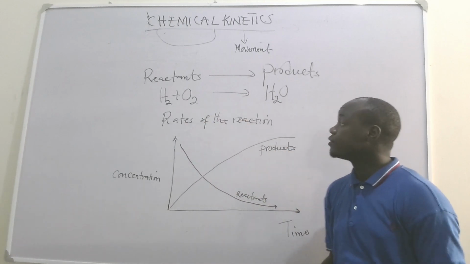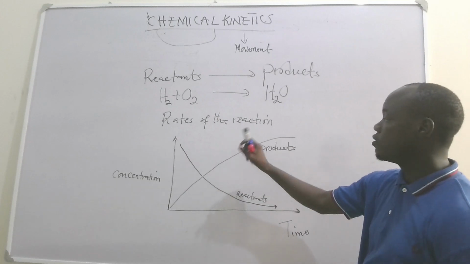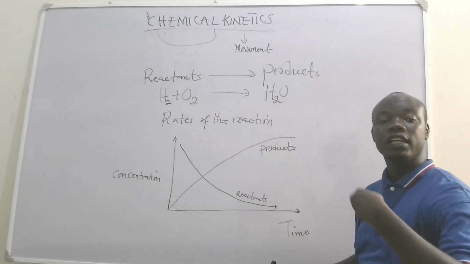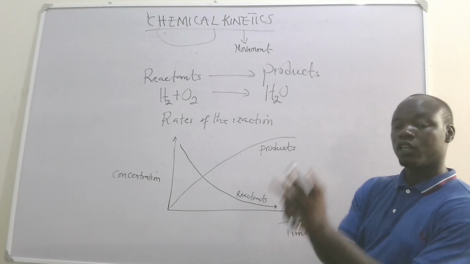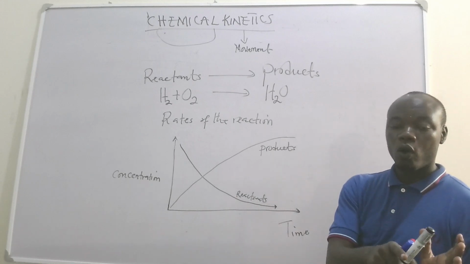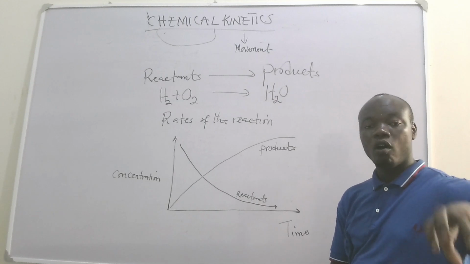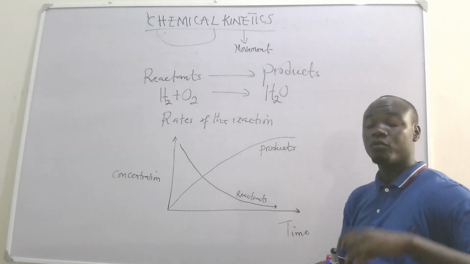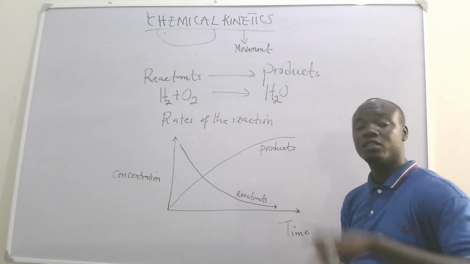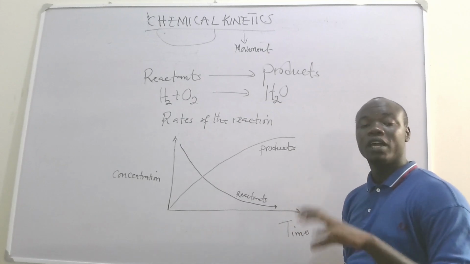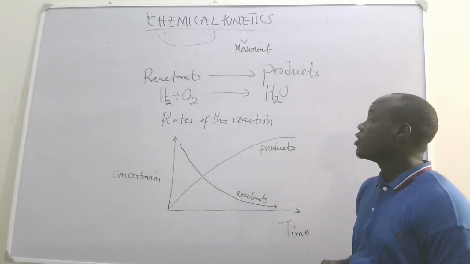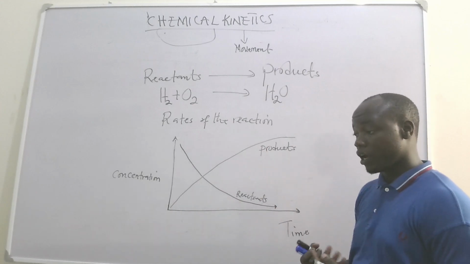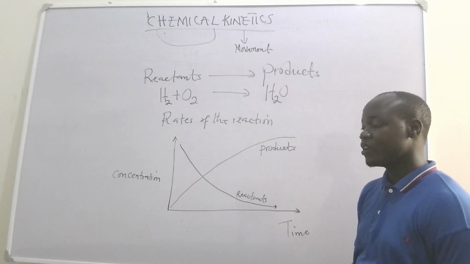So when we say rate of the reaction, it means there is the conversion of the reactant to the product, or the formation of the product from the reactant. If you want to show how this rate of the reaction works, it is simple.